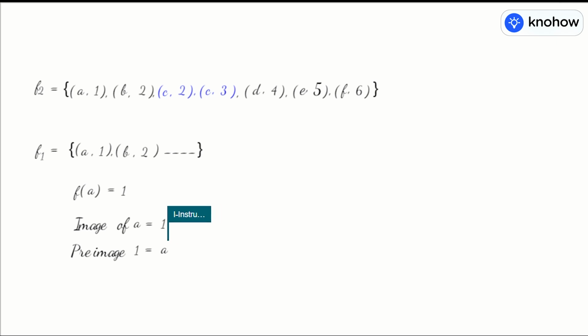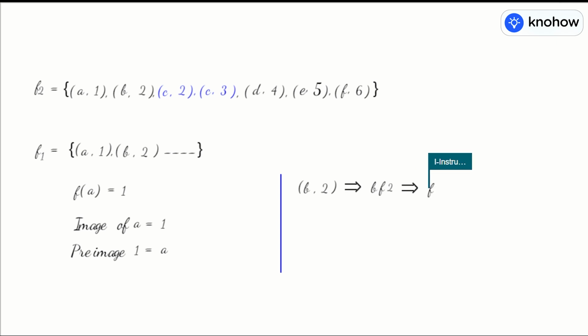If element A is associated to 1 under the given function f, we may write f(A) is 1. Note the symbol and the terminology. Or we may say the image of A is 1. Or from set B towards A, the reverse, the pre-image of 1 is A. Likewise, when you write B2, it may also be written as f(B) equal to 2.